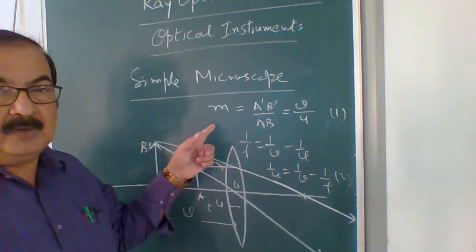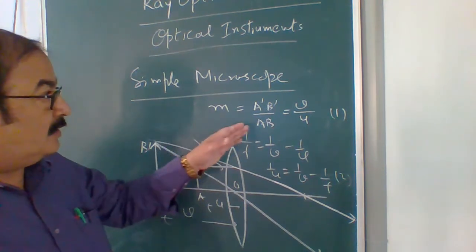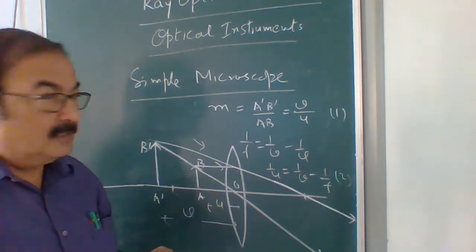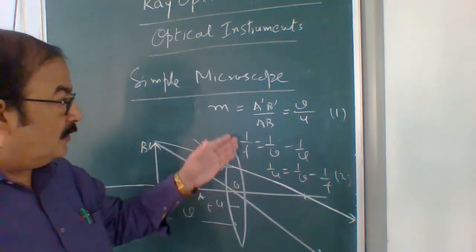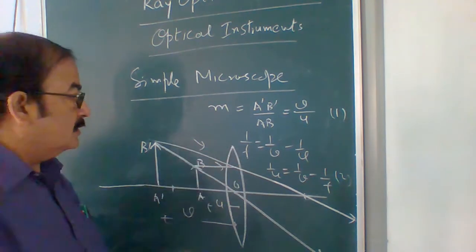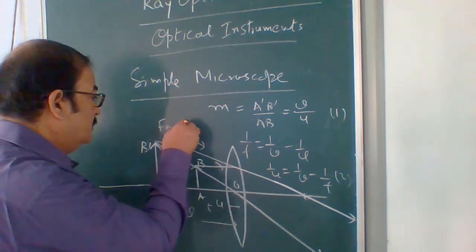This is the common formula of magnification, where we have M equal to V by U.